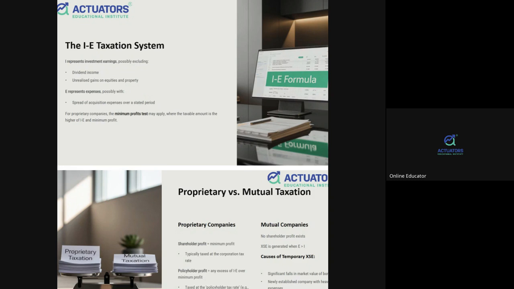Or there are very high one-off expenses for some reason. Or the minimum profit is very high. Say the liabilities increased by a large amount, because of some assumption strengthening exercise, so your minimum profit increased by a lot, because of which the minimum profit test did bite. So because of all these reasons, it may be possible that your company got into an excess E scenario.